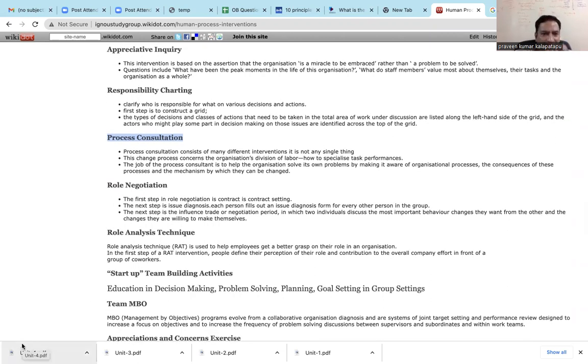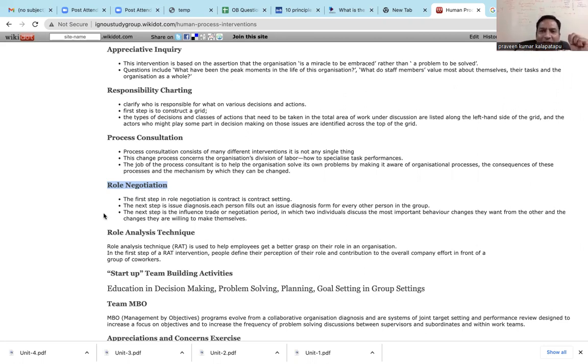Role negotiation. As the name suggests, you are trying to negotiate a role. Why do you need to negotiate a role? You are trying to discuss and give certain responsibilities to a particular group or person. The first step involved is that you negotiate the contract. What are the basic rules of the contract? So how does negotiation typically happen?